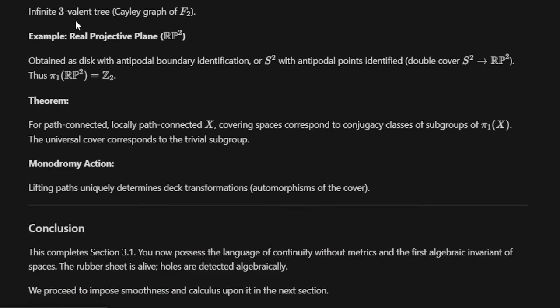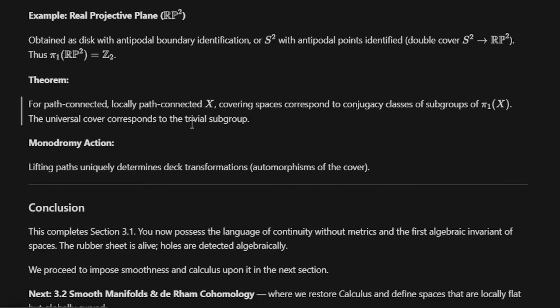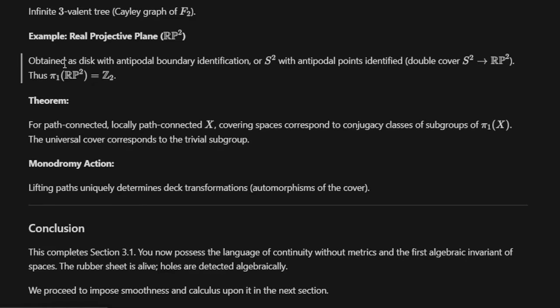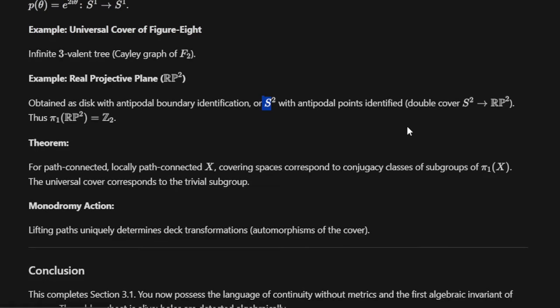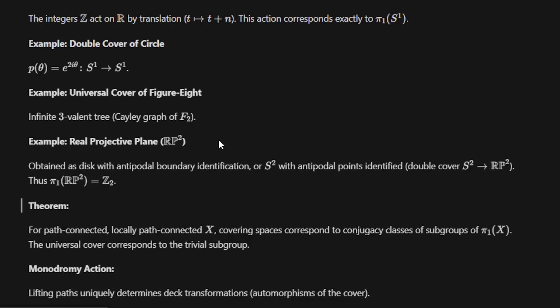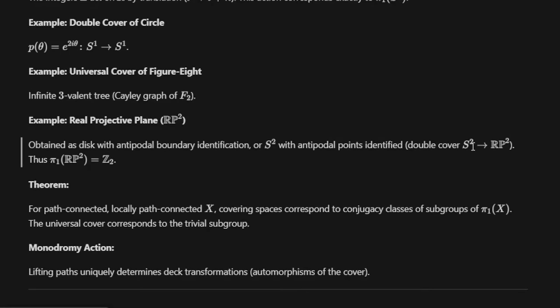So another one is the real projective plane. This is obtained as a disk with antipodal boundary identification. I'm sorry, not the circle, the two-sphere, with antipodal points identified. So if we have the double cover of the two-sphere, we can map it to something called the real projective plane.